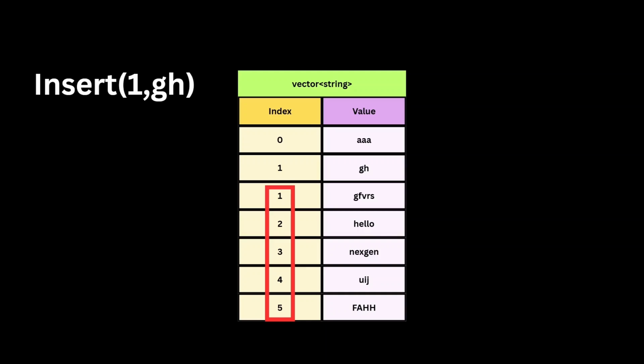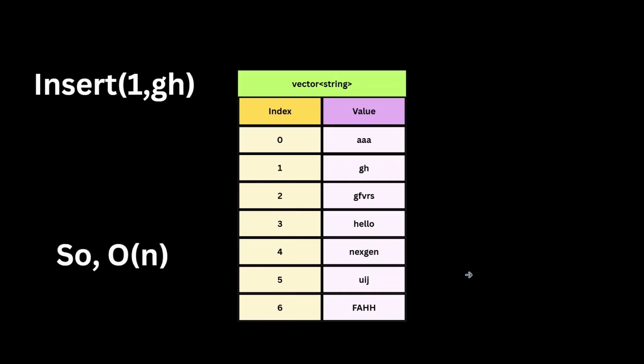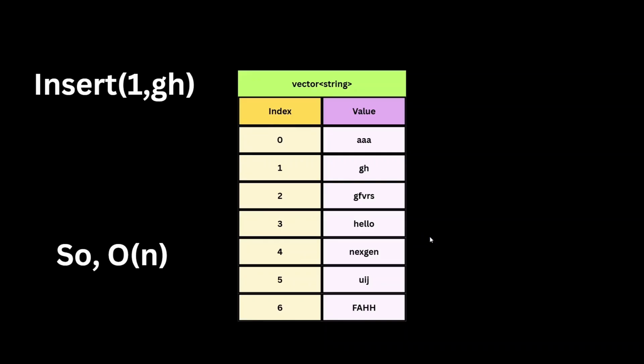Since we always account for the worst case, if the length of our vector is n elements, our time complexity will be O(n), since if you insert an item at 0, you will have to change all of the indices. So now that we have understood the basic analogy of vectors, let's write some code.